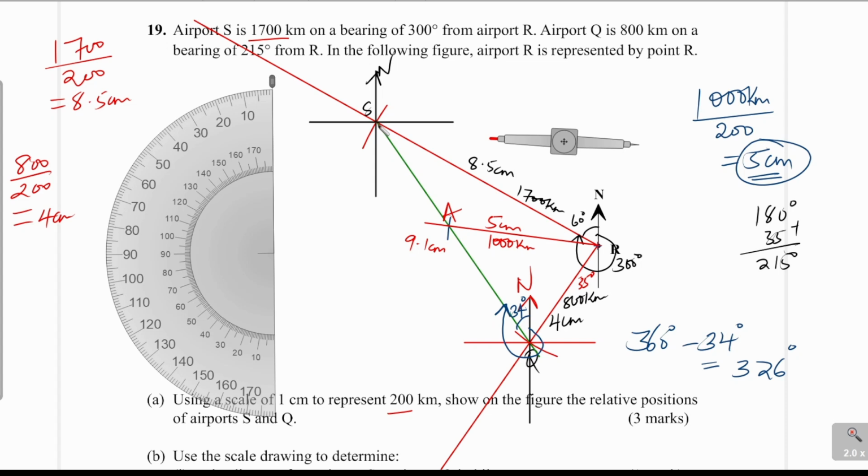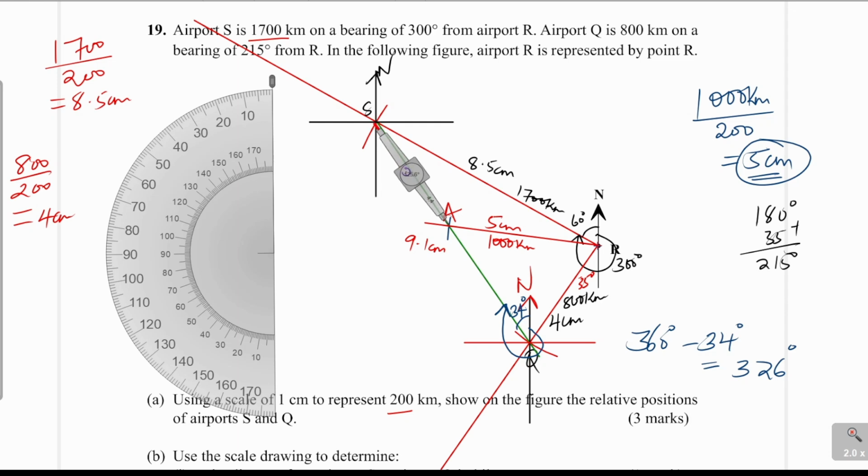So we measure this distance from S to where the aircraft was, that is exactly 1000 kilometers from R. So let me measure that distance.